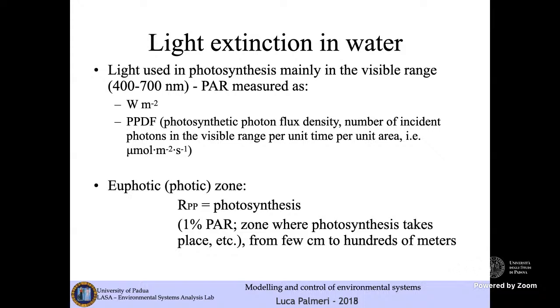This zone in a water body extends from a few centimeters under the water surface to even hundreds of meters in particular conditions in which we do not have too many suspended solids.